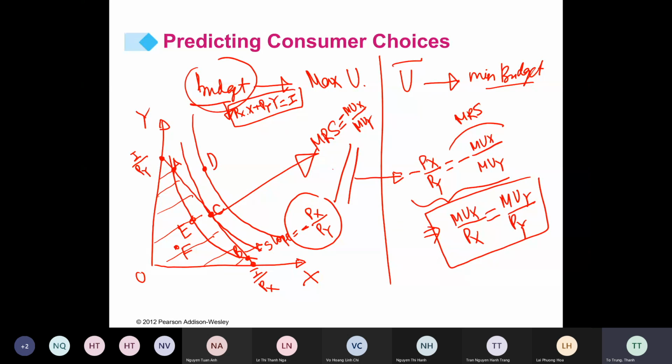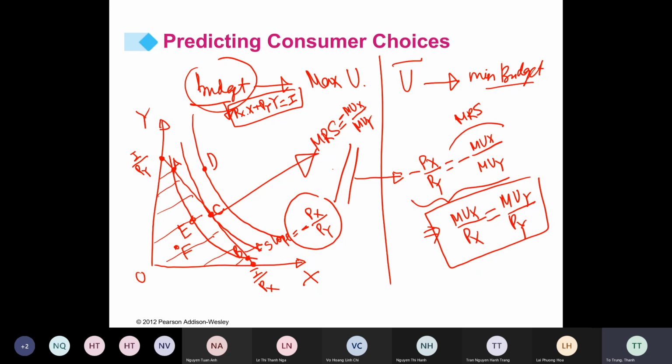That's it. Okay. So the consumer's choice, which is the best for consumers, is when the consumer buys at the point where MUX by PX equals MUY by PY.